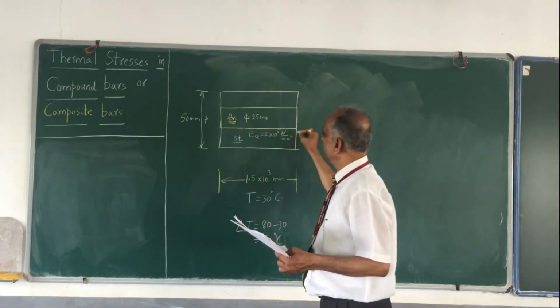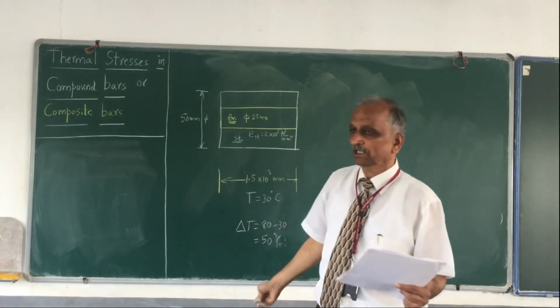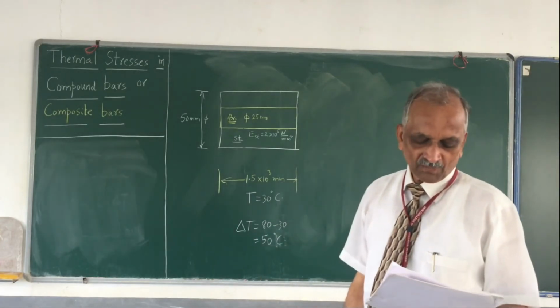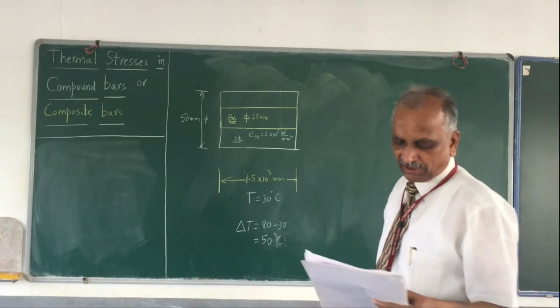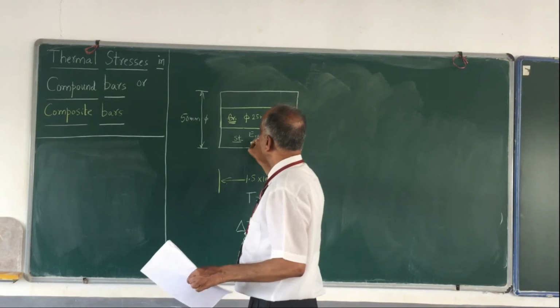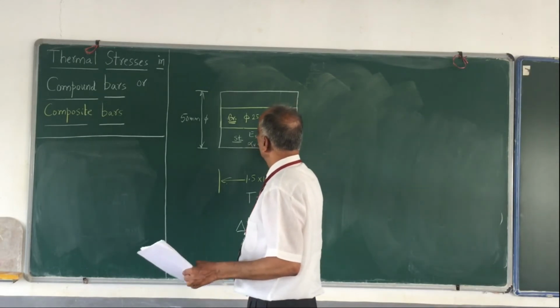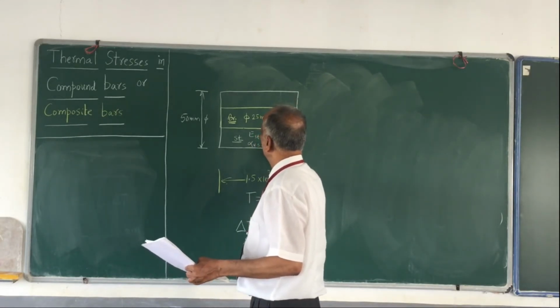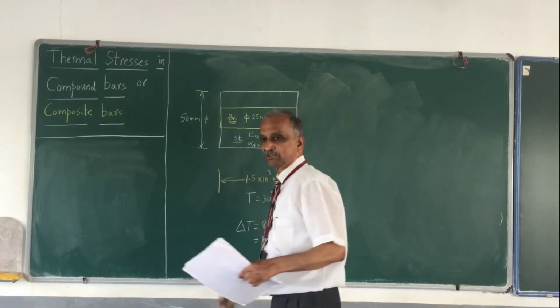I hope you are familiar now and you are able to write down straight away. Then alpha of steel is also given. This is 11.6 into 10 raised to minus 6 per degree Celsius.